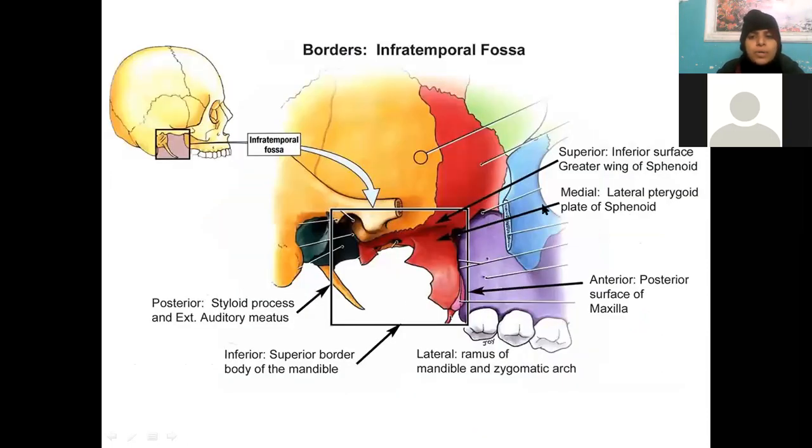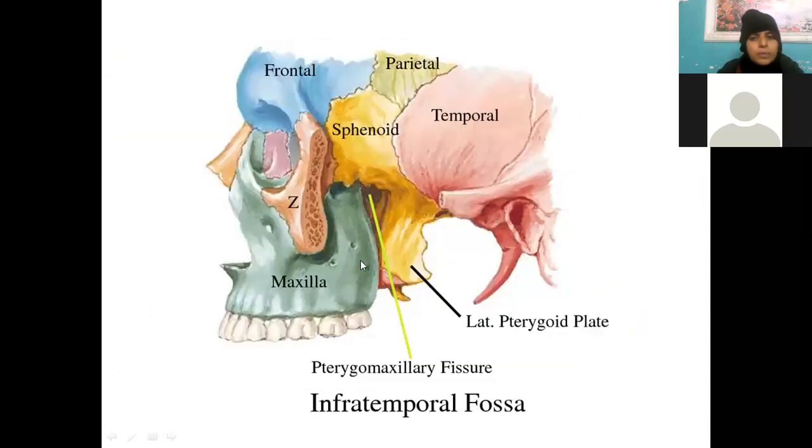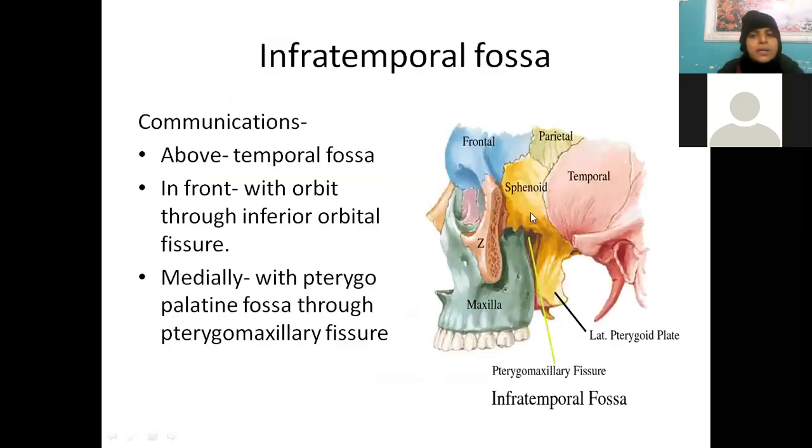This is the broken zygomatic arch, and the area below is nothing but the infratemporal fossa. You can see this pterygomaxillary fissure, which is leading to the deeper pterygopalatine fossa inside.